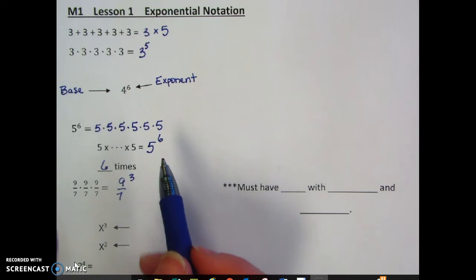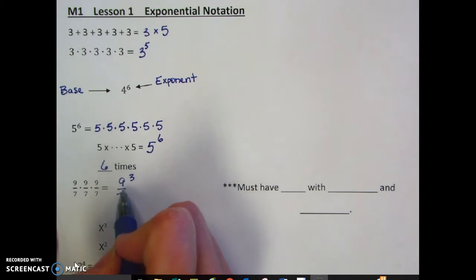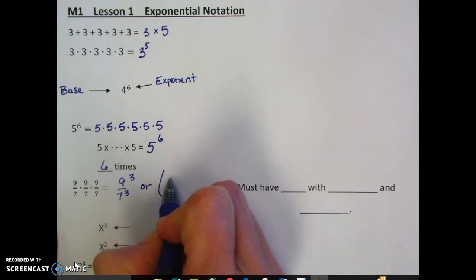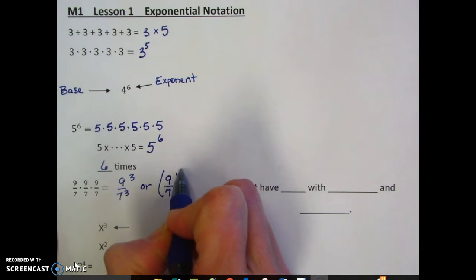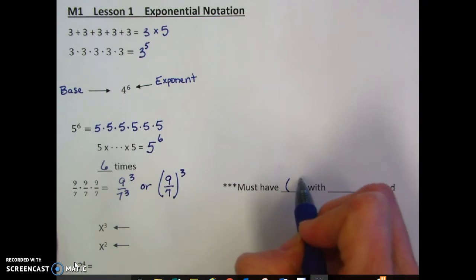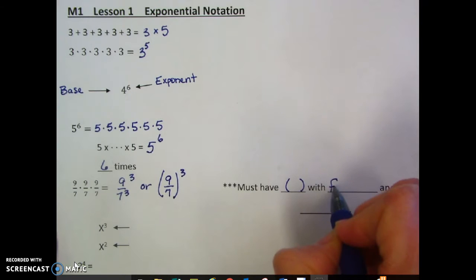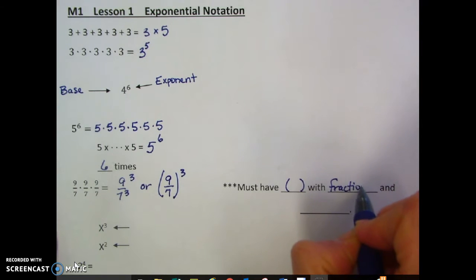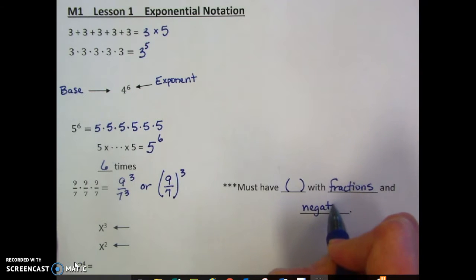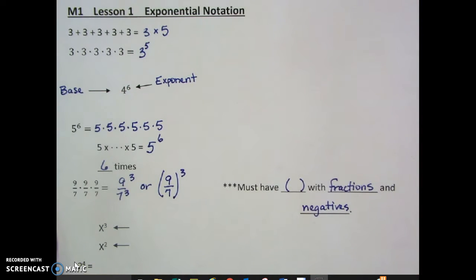You either are going to have to write 9 to the 3rd power and 7 to the 3rd power, or put a parenthesis around the 9/7. So you must have a parenthesis with fractions and with negatives, if you're including the negative with the power.